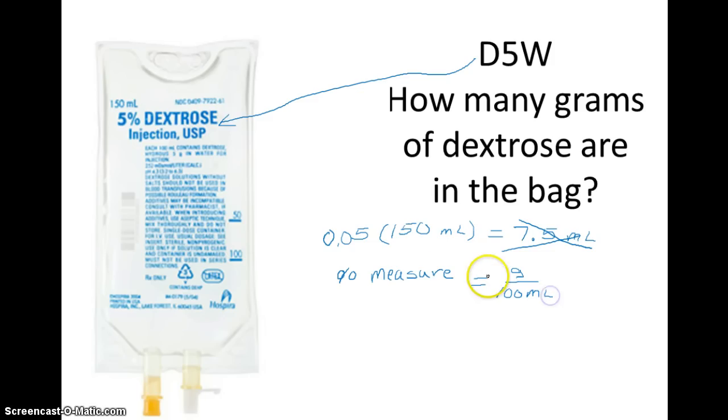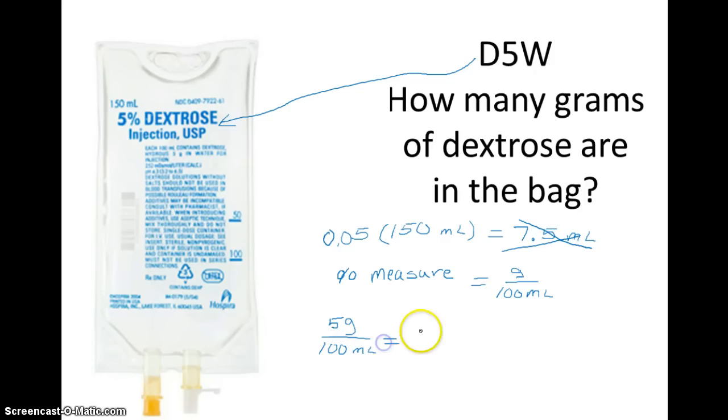And so instead of using a traditional method with a percent times a total, we're going to set up a proportion. So the 5% means 5 grams per 100 milliliters.